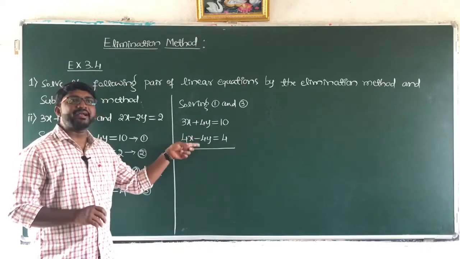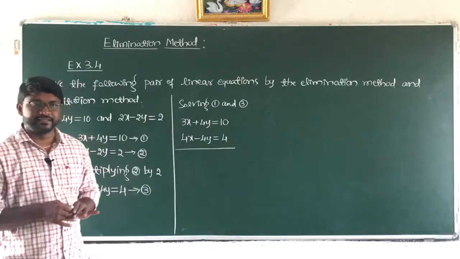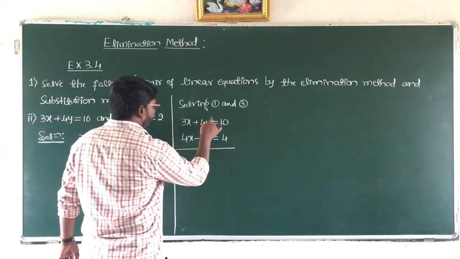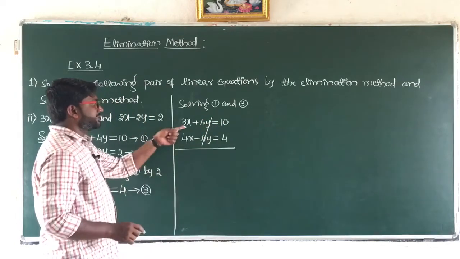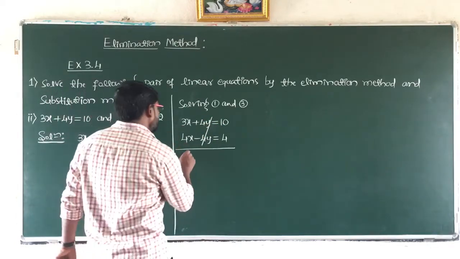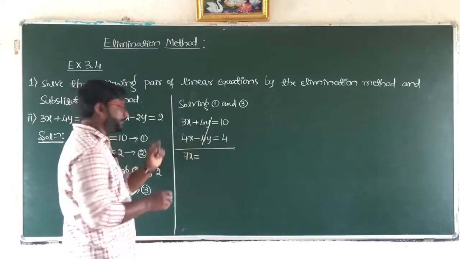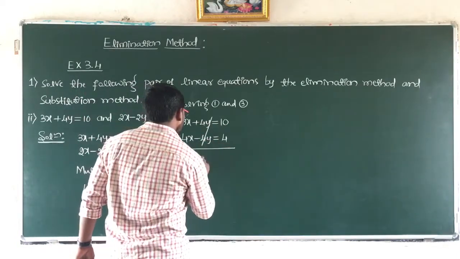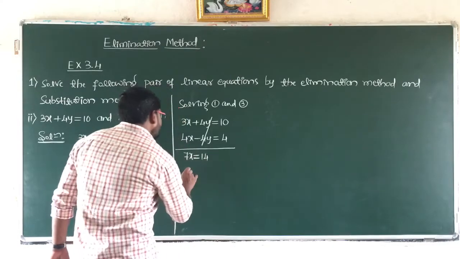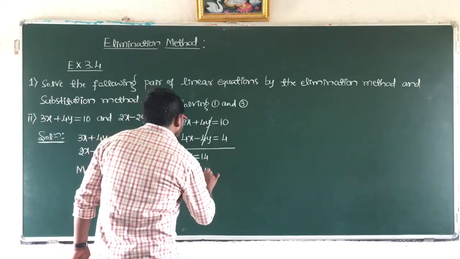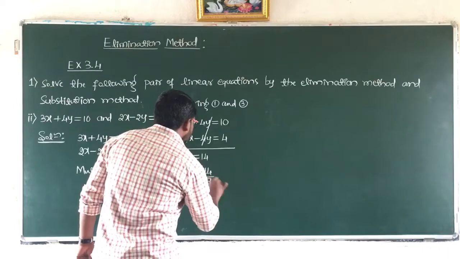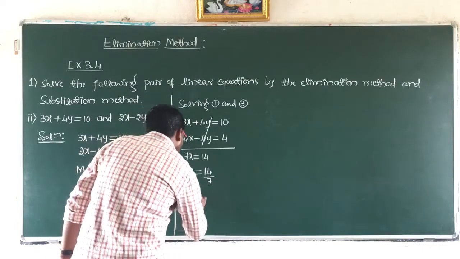Here we have to add the equations rather than subtracting. So plus 4y minus 4y get cancels. 3x plus 4x will be 7x which is equals to 10 plus 4 will be 14. So now x which is equals to 14 divided by 7. X which is equals to 2.